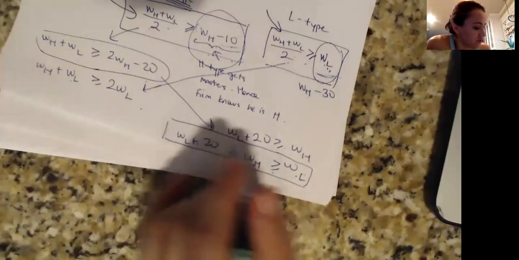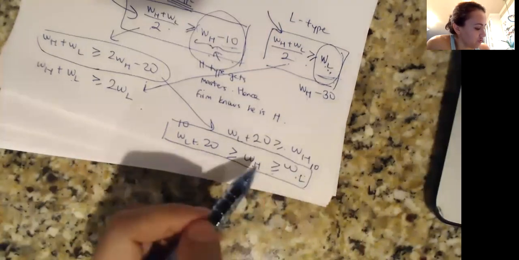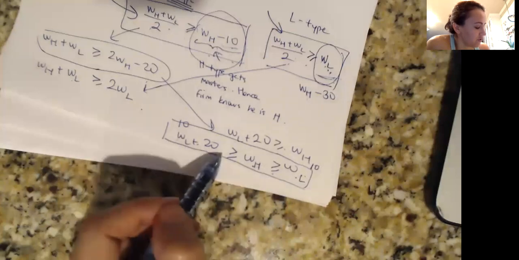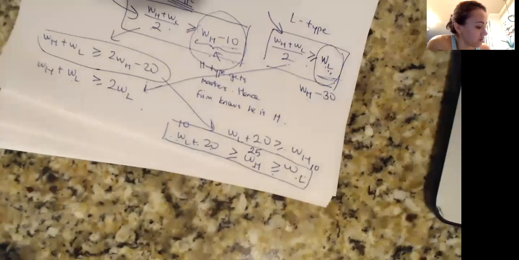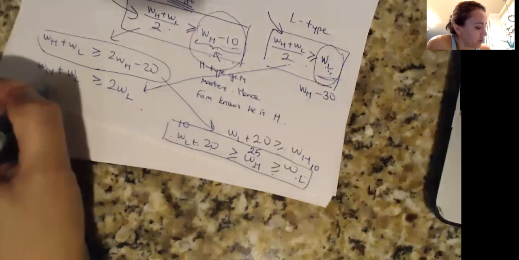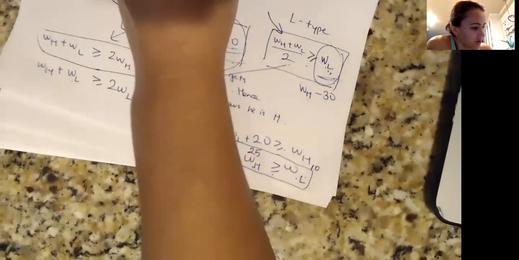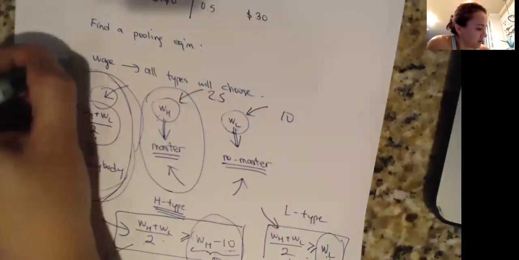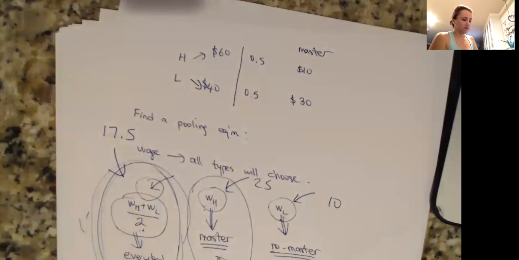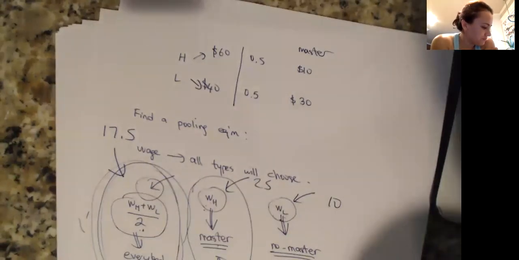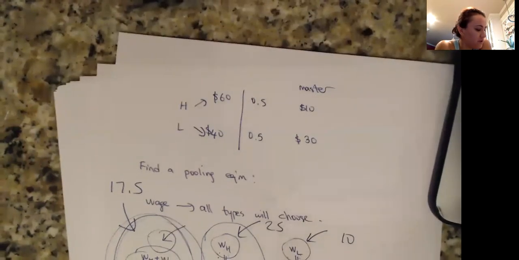For instance, if you choose WL equal to 10, you choose WH anything between 10 and 30. Let's choose 25. Then which wage am I going to offer? WL is 10, WH is 25, and the common wage is simply 17.5. In this case, everybody is going to choose this common wage and nobody is going to get a master's degree.